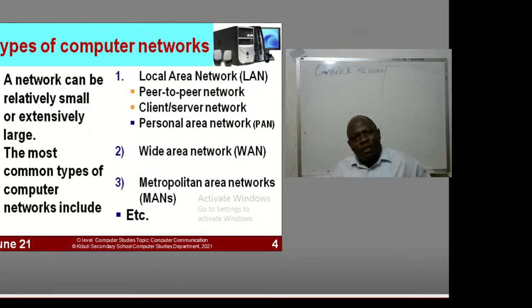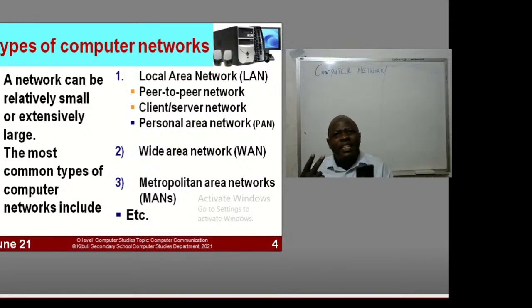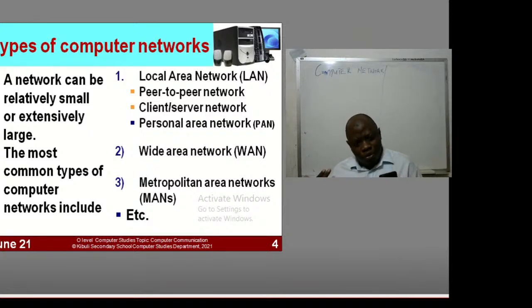But then we can talk about a network which you are developing, you yourself and your friend. You're using the two of your phones, and then you have a network. That's a network of two gadgets we are looking at here.